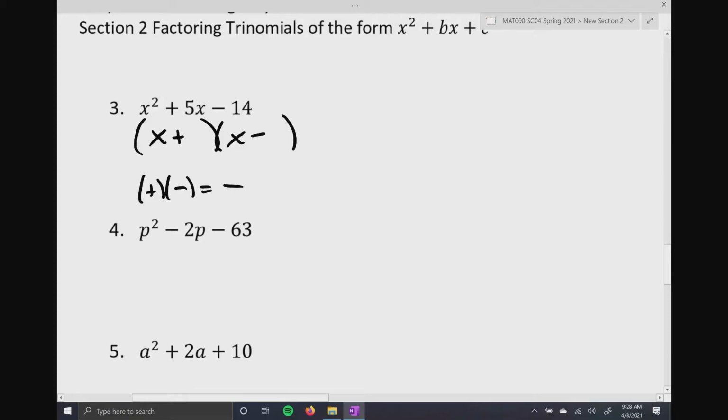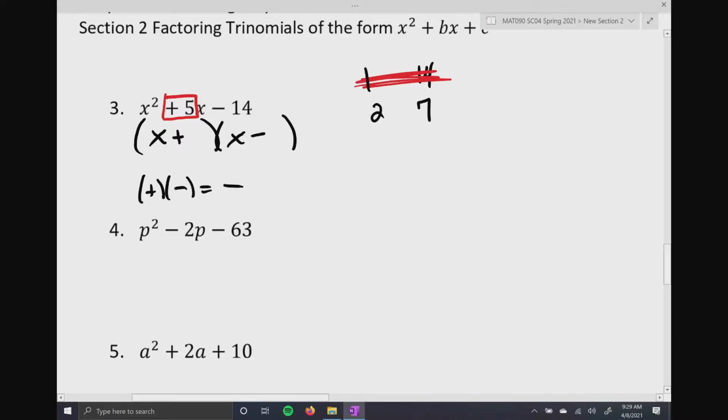Now, factors of 14. This is step 3. 1 and 14, 2 and 7. And that's it. Now, here's why it's always good to put the signs first. You know these numbers have to combine to give you positive 5. That'll never happen here with 1 and 14. All right?